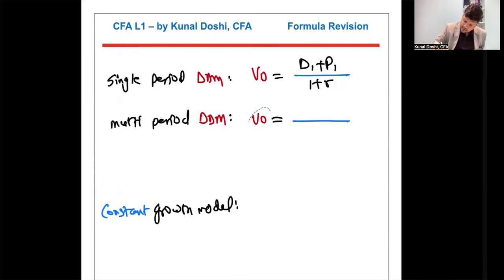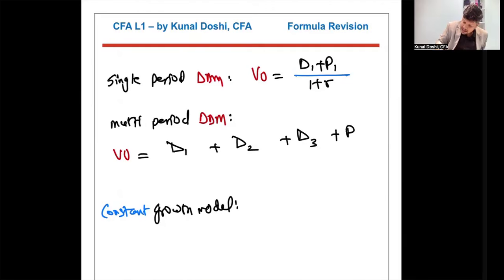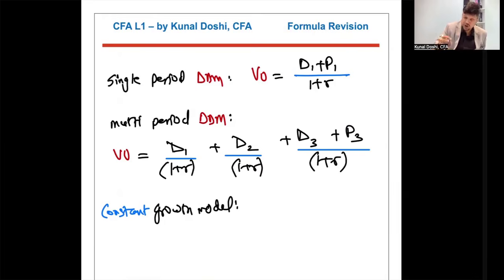But if it is multi-period, then my V0, let's say even if I take 3 years, I will need three dividends, D1, D2, D3, and the terminal value in a multi-period dividend discount model. What is the terminal value? It is the value at the point where you stop valuing, or where you consider the company to be growing forever at a constant growth rate.